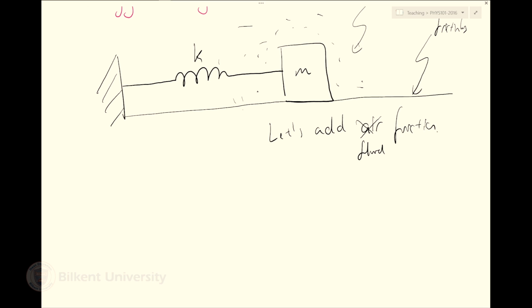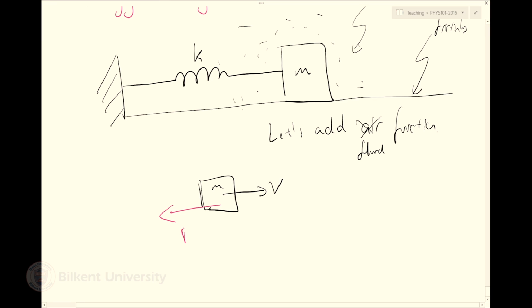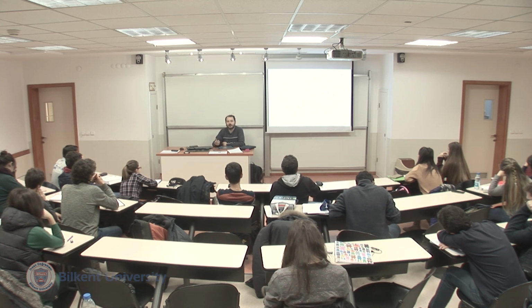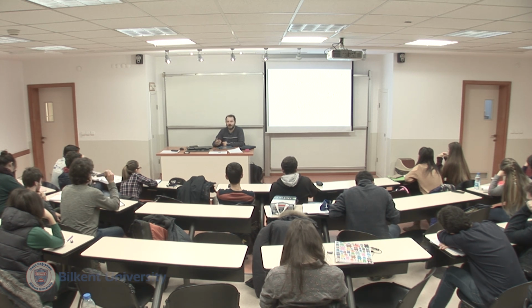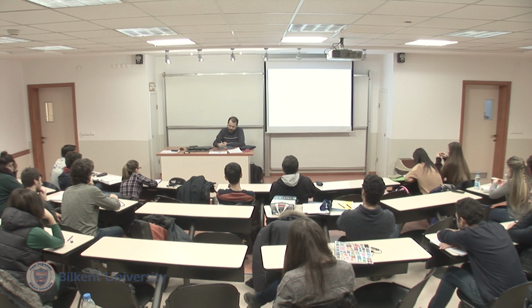How did fluid friction behave if a mass was going with velocity v? It actually experienced a drag force Fd, and we said in general this is a very complicated process. It depends on what kind of fluid you have, whether there is viscosity in the fluid, whether it depends on the temperature of the fluid. But let's use the simplest possible model. We're trying to understand the basics here.